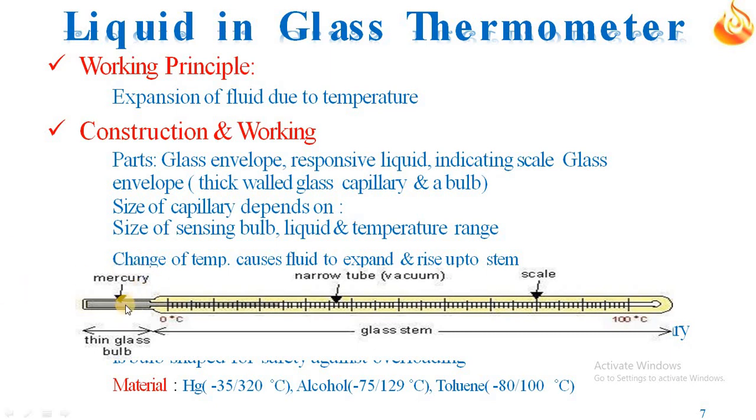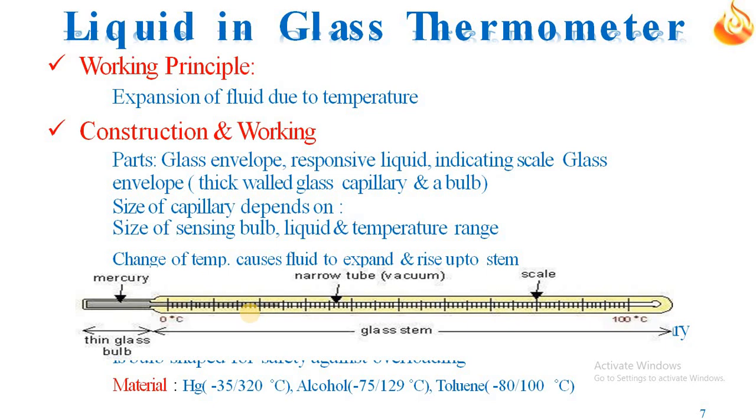As I earlier mentioned, the fluid which we are using here is highly sensitive to temperature. So if the temperature of the surrounding environment is high, then the liquid present in this bulb section will start to expand. Due to expansion of that liquid, the fluid will rise inside this capillary tube, and we have to wait for a certain time until the rise inside this capillary tube becomes stable.